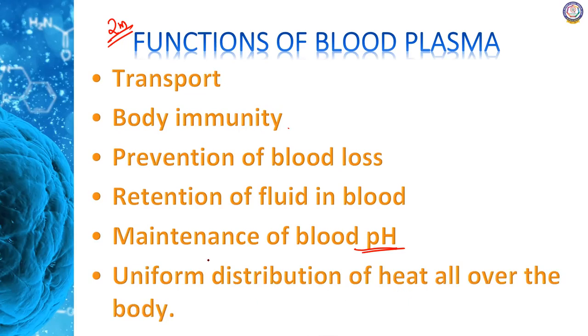Already we read it maintains the body temperature. So who is helping for all these things? Already we saw functions of the blood; mostly both are more or less the same. Most of the functions are taken care of by the plasma, like maintaining body temperature and giving the medium for the pH.